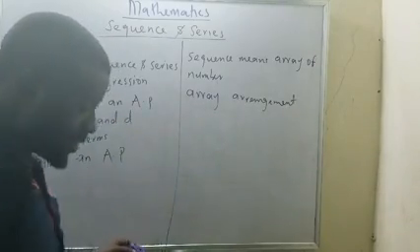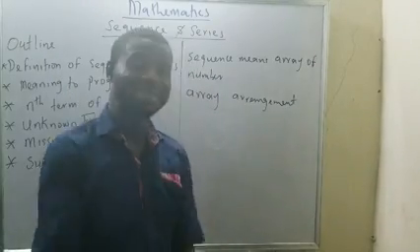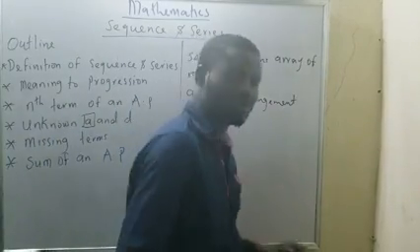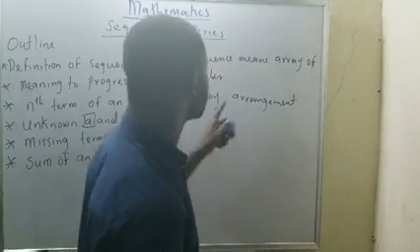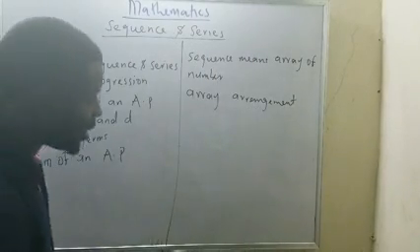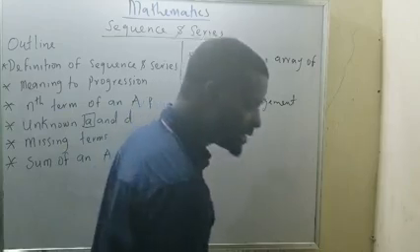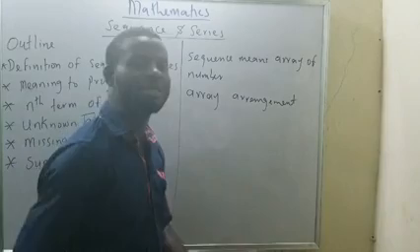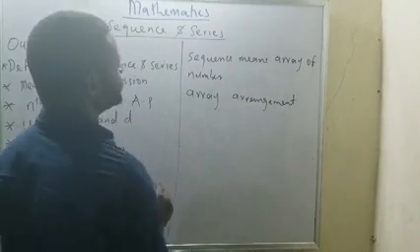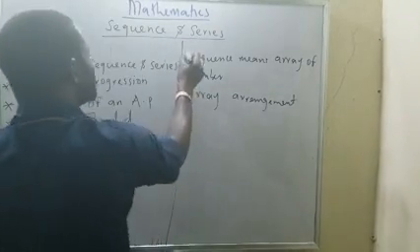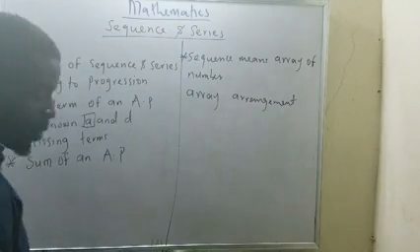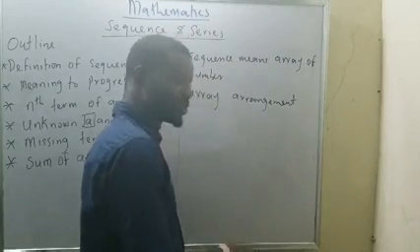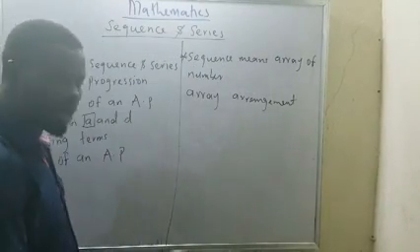Array means arrangement. It can be in ascending order or descending order. It means an order of numbers or items. If it is ascending, it's an array. If it is descending, it's an array. There must be an arrangement. That is a sequence: an array of numbers or items arranged in order.